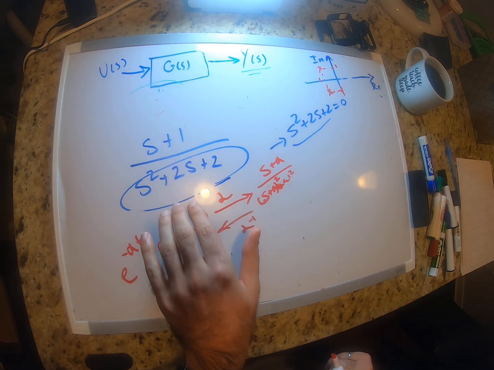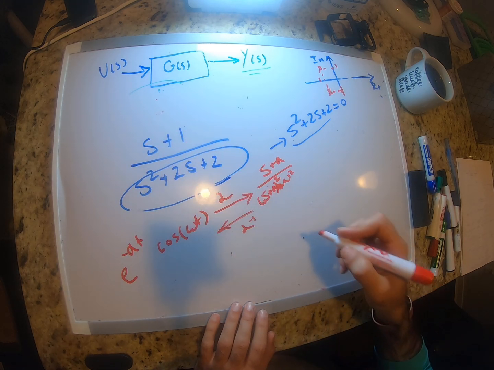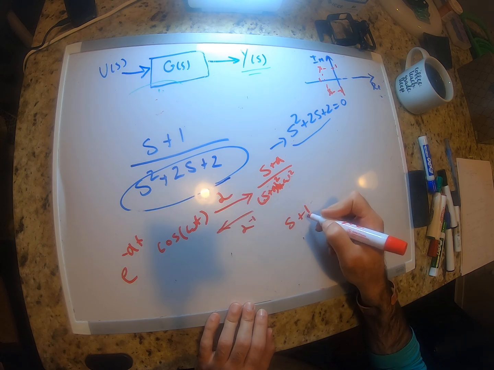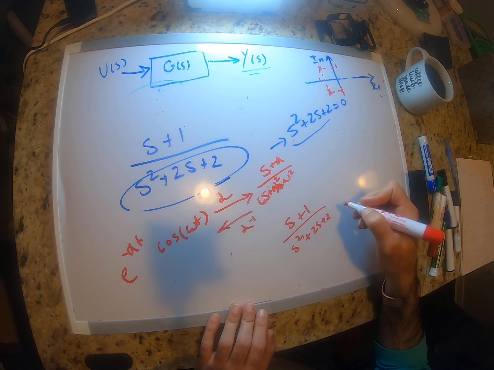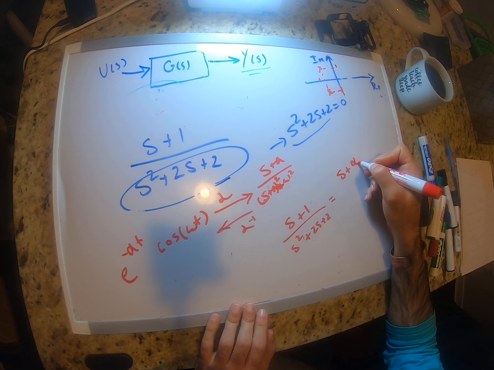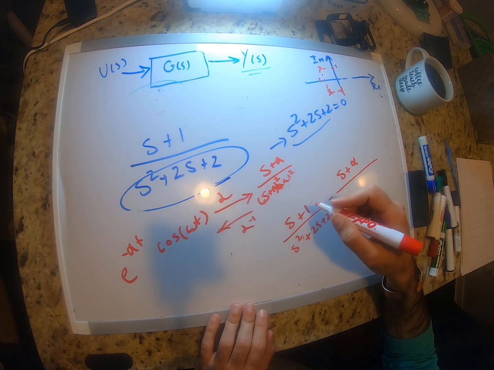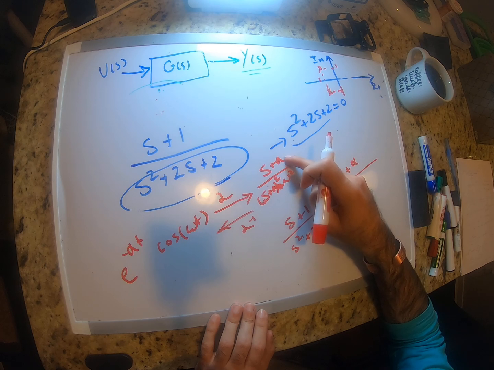Okay, so this is very similar to what we have here. If I look at s plus 1 divided by s squared plus 2s plus 2, I can write this as s plus alpha. I want to write it in a format similar to this.